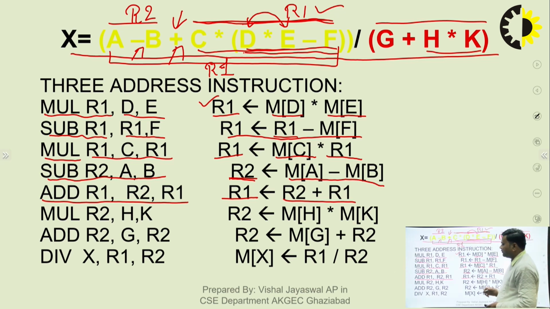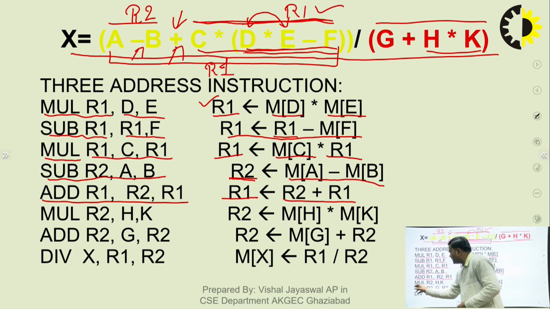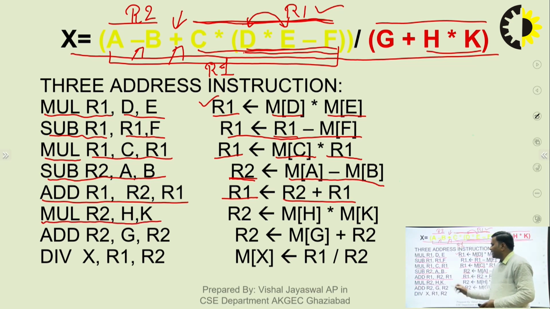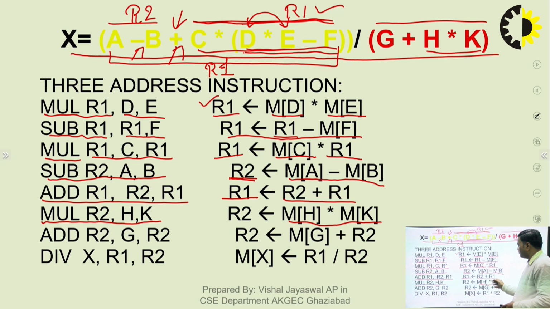We use the multiply operation, the mul instruction, MUL R2 comma H comma K. It means M of H into M of K are multiplied and stored in the R2 register. So this is in R2.